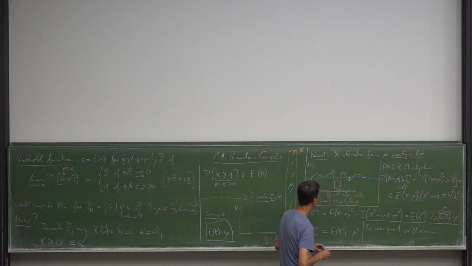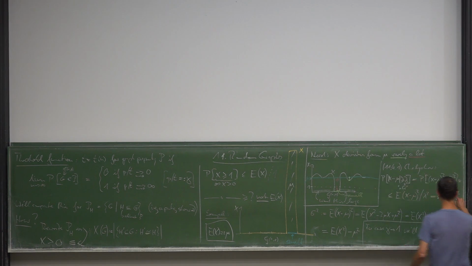So we'll assume that this goes to 0 for lambda equals mu.